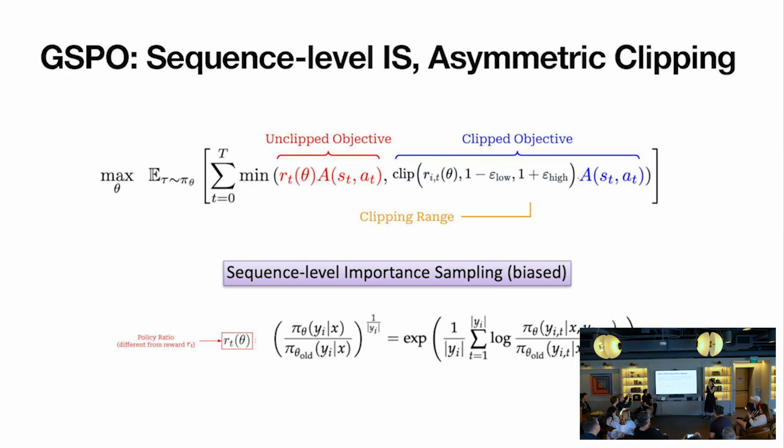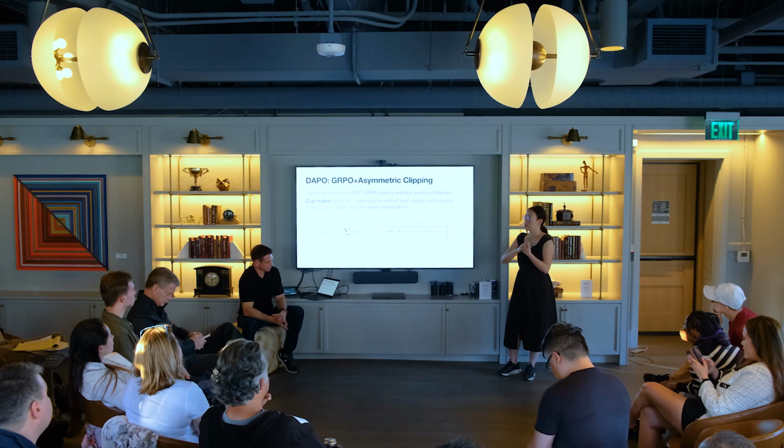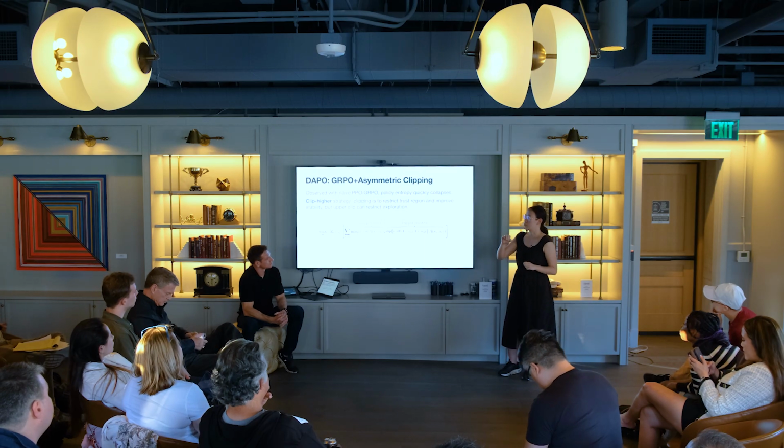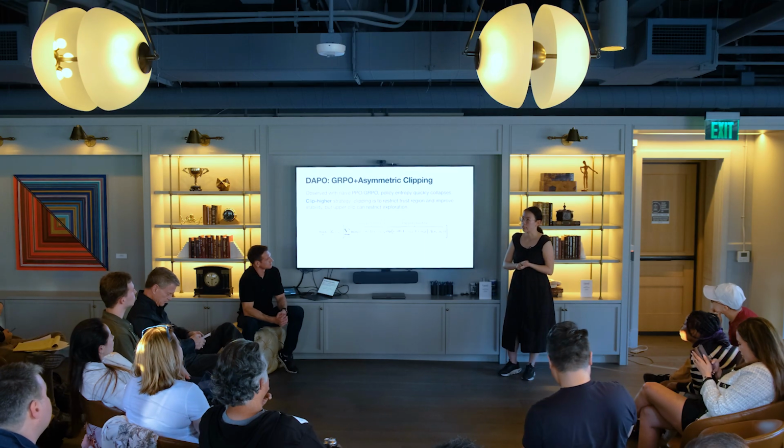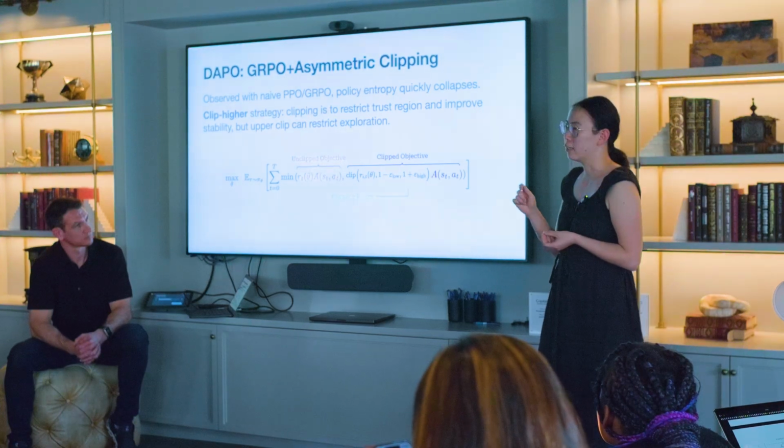Then there's also DAPO, a very popular algorithm from ByteDance. What they realized is that with GRPO, your policy entropy quickly collapses, because the clipping restricts the trust region, but the upper clip also restricts how much exploration your policy is doing. So they came up with a strategy called clip higher.